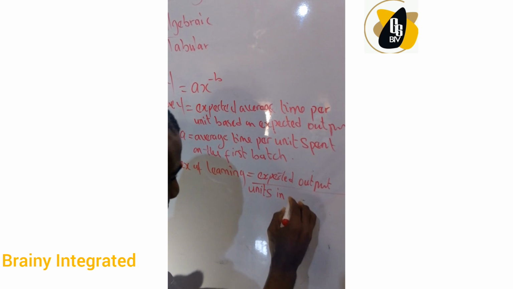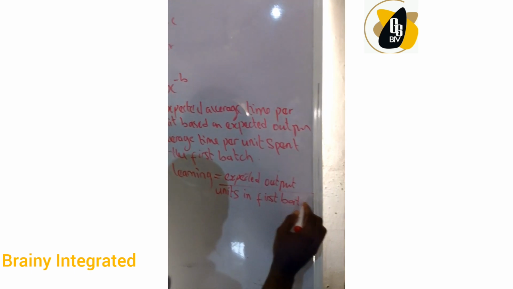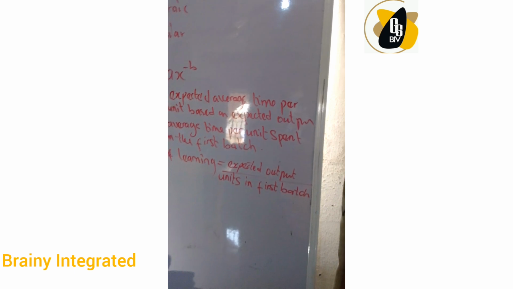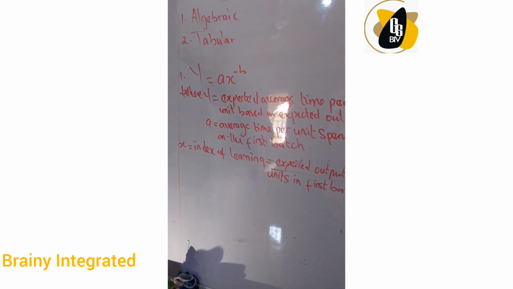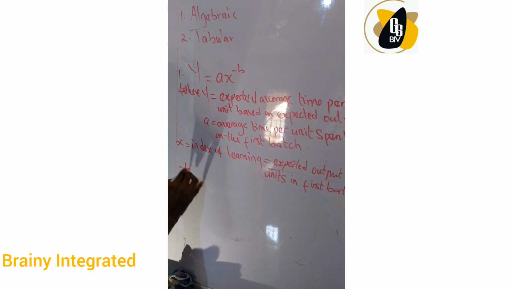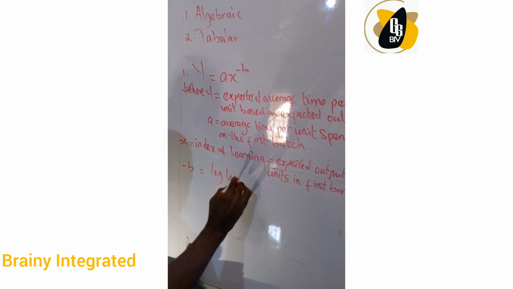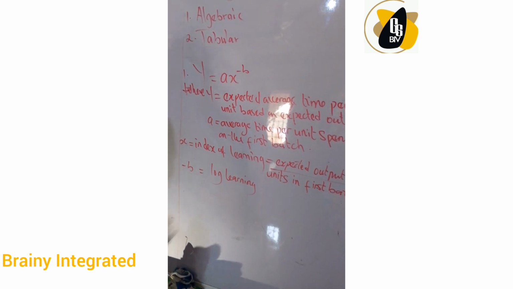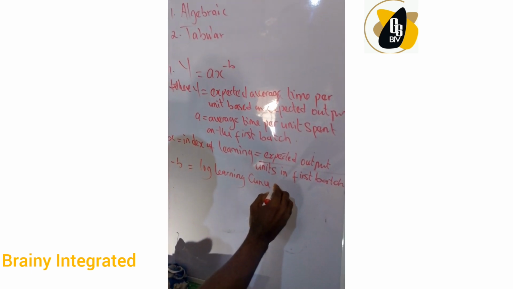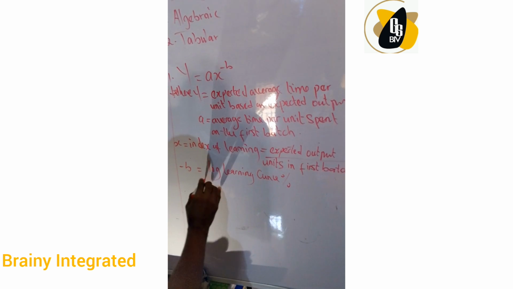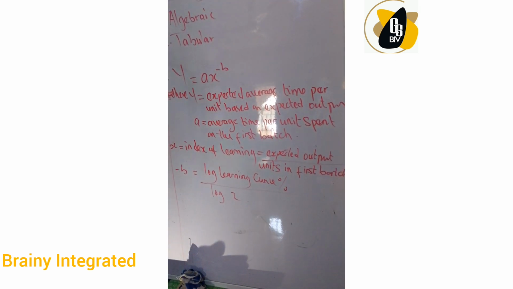And the b, how do we calculate this b? Minus b is equal to the log of the learning curve percentage divided by the log of 2.